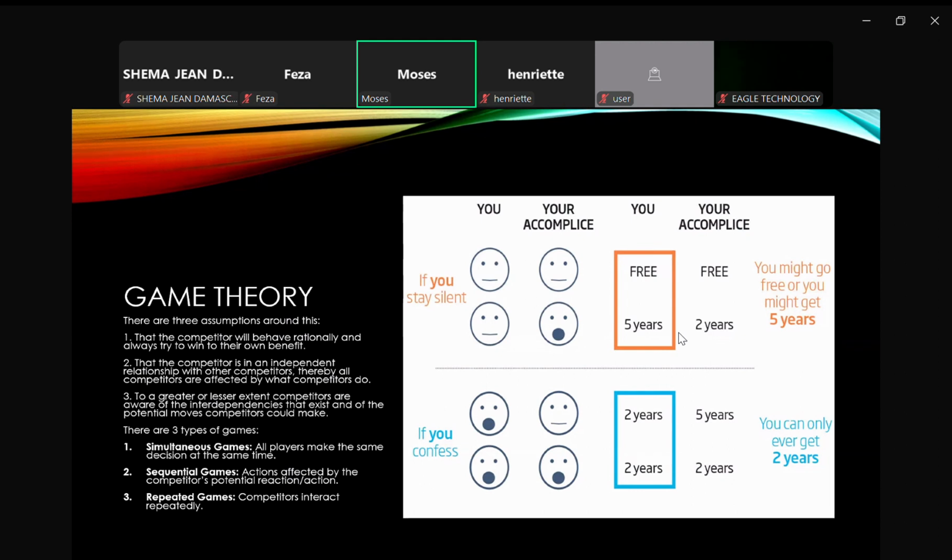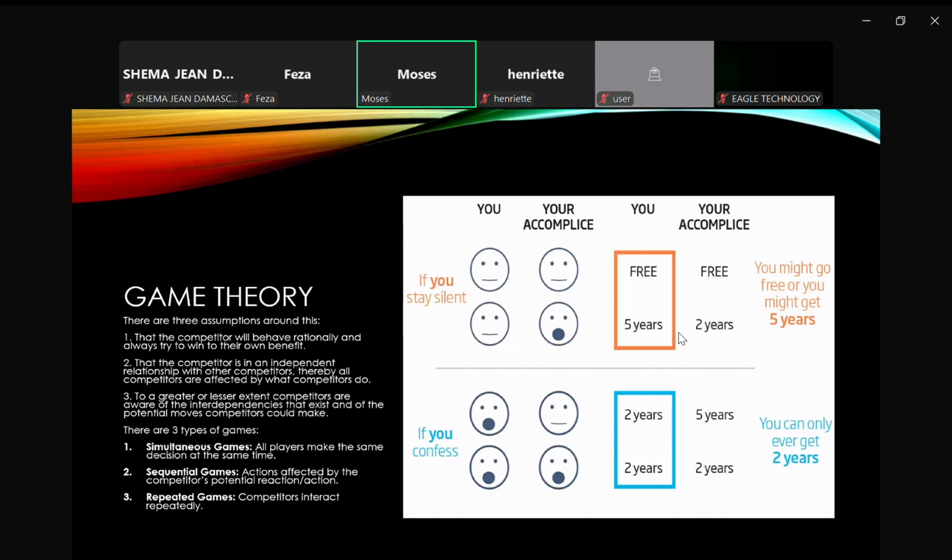So, for instance, assuming this is you, they tell you if you stay silent and your partner stays silent, you are both free. However, if you stay silent and your partner speaks, you get 5 years in prison and your partner only gets 2 years. Vice versa. If you both speak, you get 2 years in prison. If you only speak and your partner does not speak, you get 2 years and she or he gets 5 years in prison.